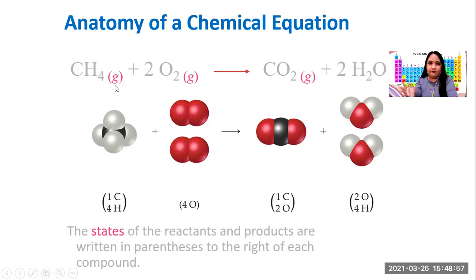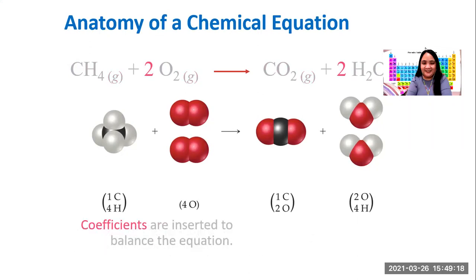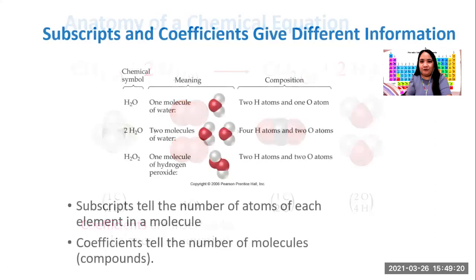So if you really want to write a chemical reaction properly, then you have to include everything, including the states. In this case, that's gas, gas, gas, and this is probably also gas. Okay, so let's go to the next one.